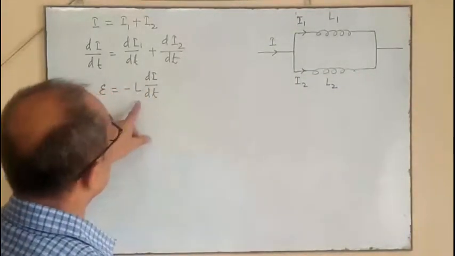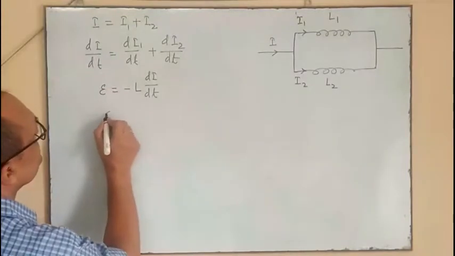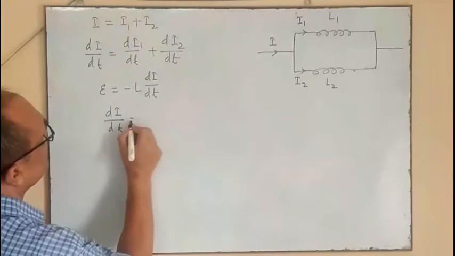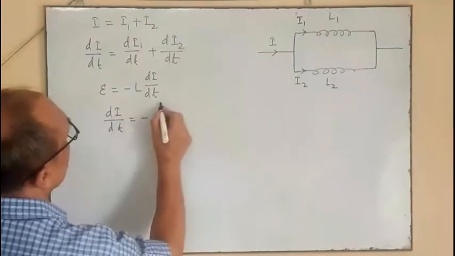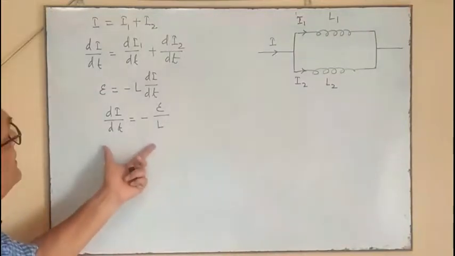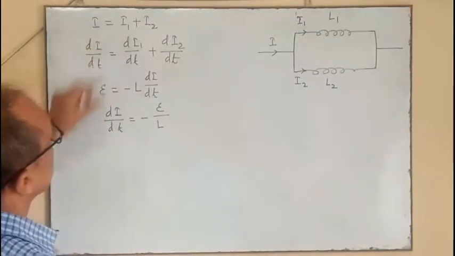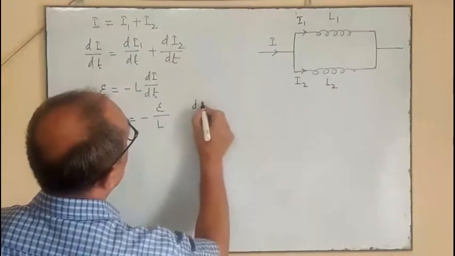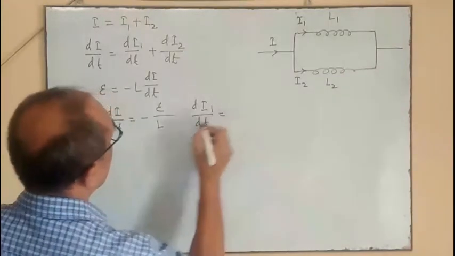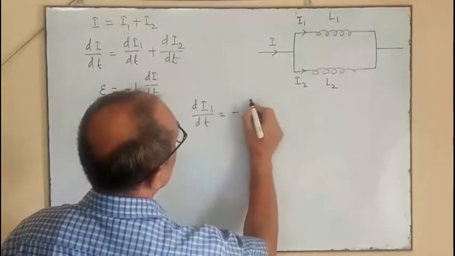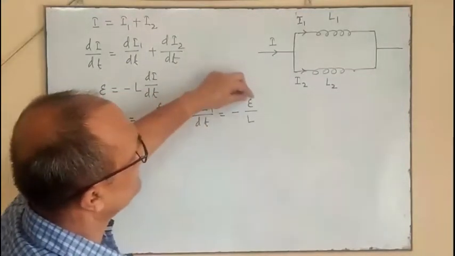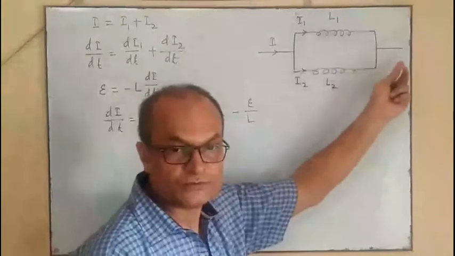So from this equation we can write di by dt equals minus epsilon by L. Similarly, di1 by dt equals minus epsilon by L1. Remember that epsilon is the potential difference across these two also.